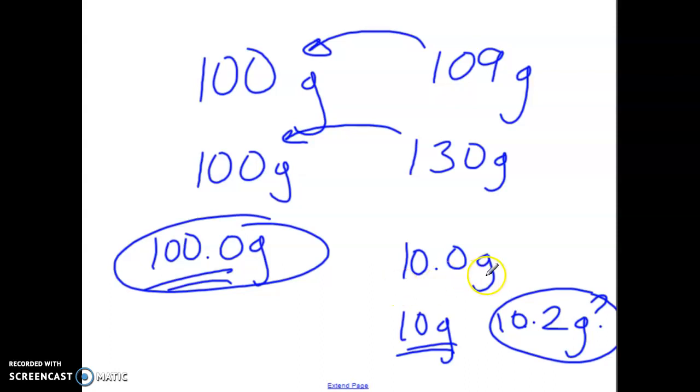But by saying 10.0 grams, this is a more accurate data point. Essentially, significant digits is one way of saying how accurate or how true this number is to the real value. So the more significant digits it has, the more accurate that value will be.